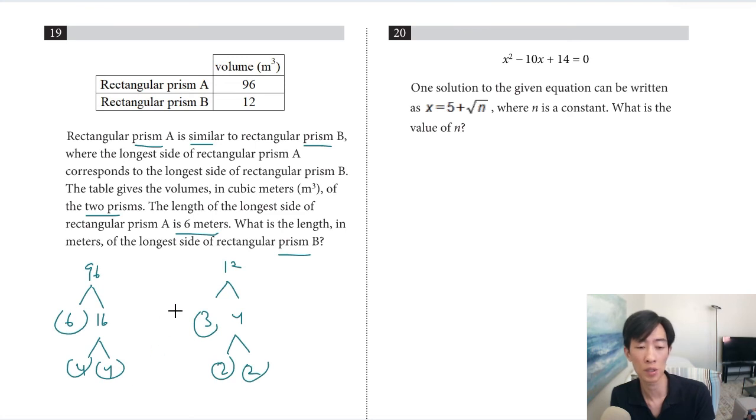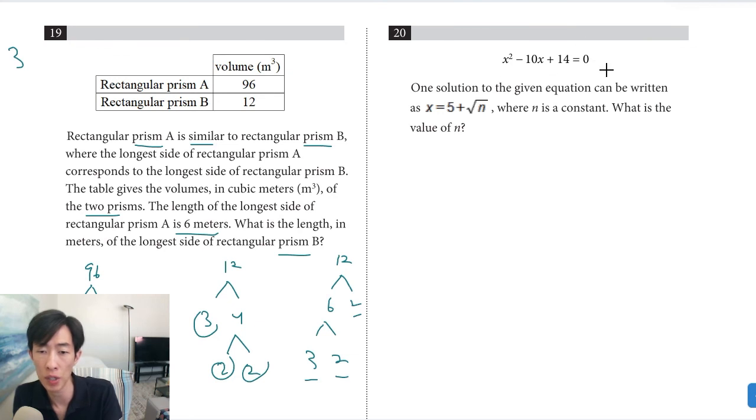They are similar because to get to each one, you have to multiply by a factor of 2. So if the longest side here is 6, the longest side here is going to be 3. And just in case you're curious, you could have factored it as 6 and 2, but then you'd have to keep factoring the 6, which is 3 and 2. And then notice you get the same result. Your three lengths are going to be 3, 2, 2. So however you want to do it is fine.